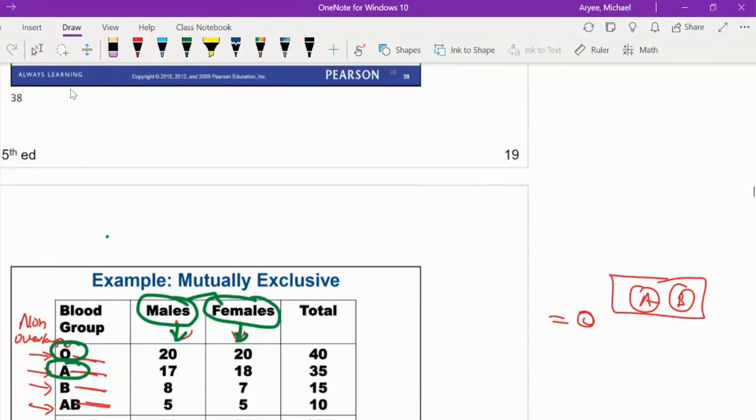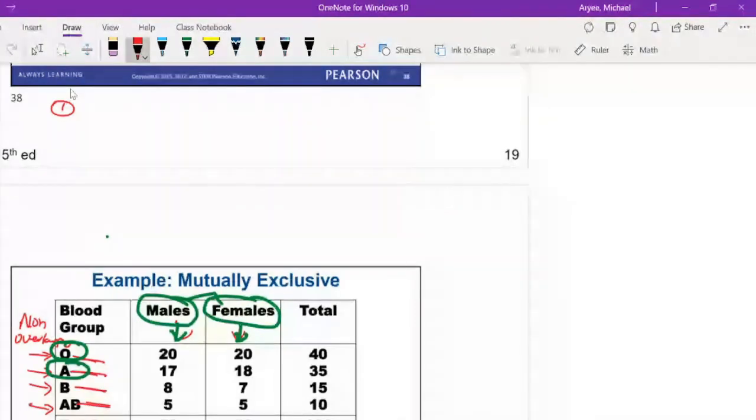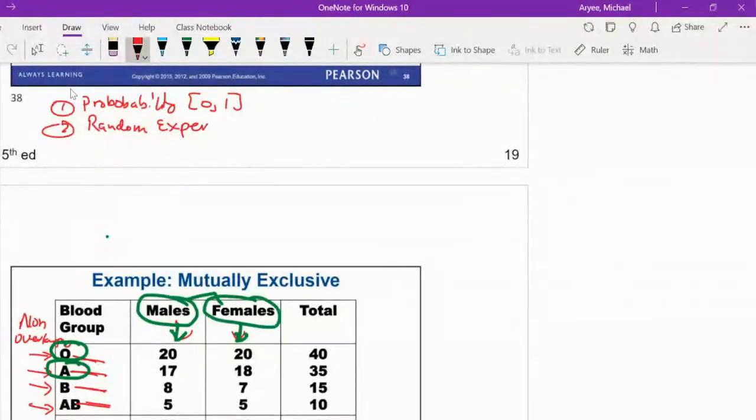Let me just give a small overview of where we are coming from. So we've been looking at the concept of probability and some terminologies. We started with the definition of probability. We indicated that it's a number between 1 and 0, right? We also look at some terminologies like random experiment.